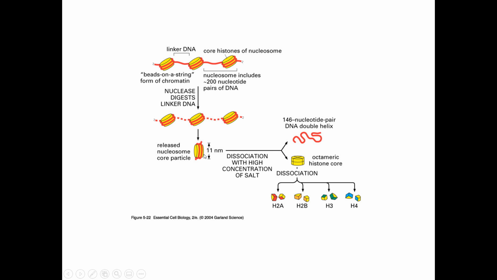Now suppose you expose this nucleosome core particle to a high concentration of salt, it again breaks down into a 146 base pair DNA double helix, which makes 1.75 turns anti-clockwise, and then there will be an octameric histone core.